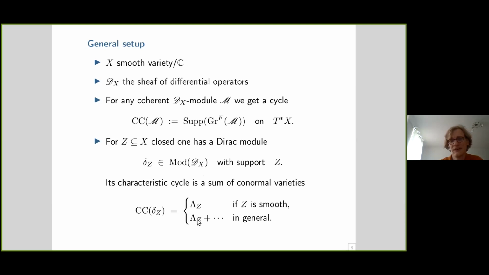In the singular case, it's still a sum of conormal varieties, but you may have some further contributions sitting over the singular locus. So what happens is you take a nice stratification of the singular locus of Z, and then some conormals to some of the strata will appear here as well. And which ones appear and the multiplicities you get have to do with local Milnor numbers of the singularities.